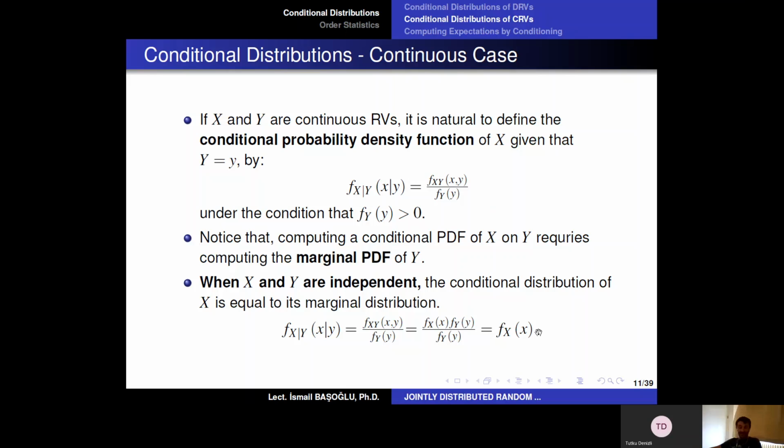In other words, when two random variables are independent, the conditional probability density function of x given the other random variable is exactly the same as the marginal probability density function of x. Which means, again, x does not care anything about y at all. It does not care whether y takes any value. The conditional probability density function of x is always equal to the marginal probability density function of x if these two random variables are independent.